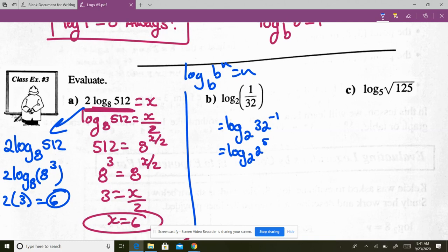And there's a times -1, right? What's my answer? -5. That's it. You don't have to write all these 2 steps out. Until you get good, you can if you want.